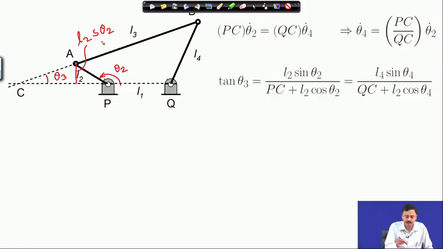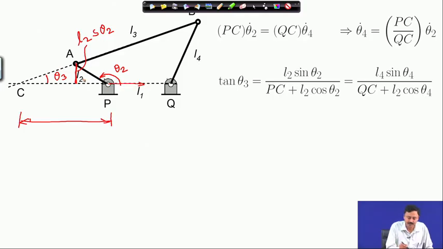I am writing S theta 2 in place of sin theta 2. So, if this is angle theta 2, then this vertical projection of the link is L2 sin theta 2 divided by P c, which is this distance, plus L2 cosine theta 2. Now, that is the projection of L2 on the x axis.